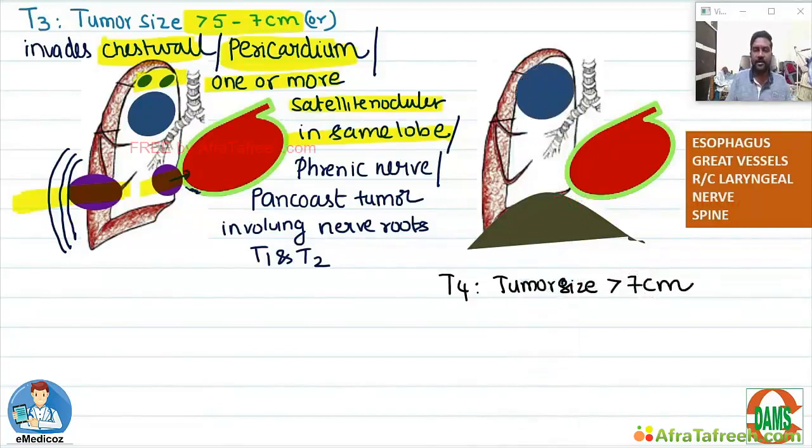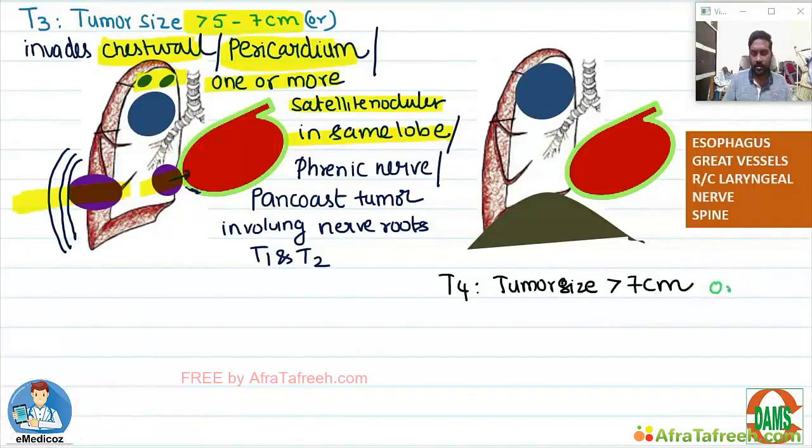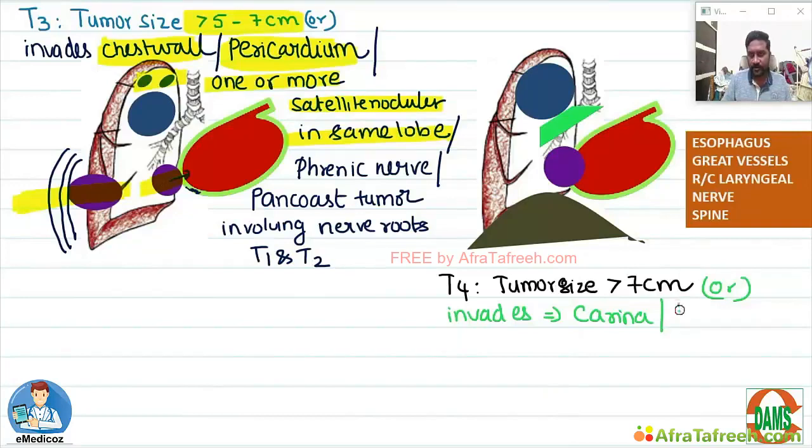So it is a large tumor, or a tumor invading the carina. Previously only the pericardium was involved, so now the heart is directly involved.